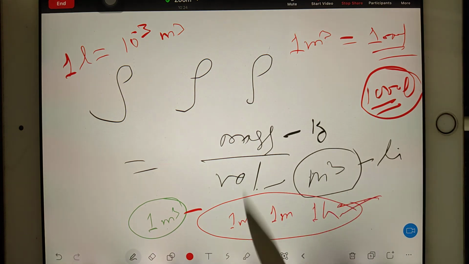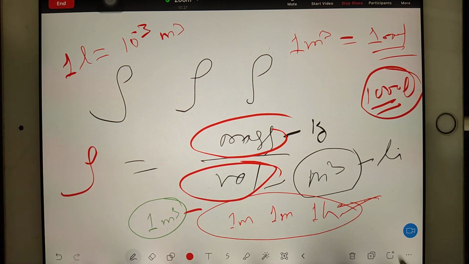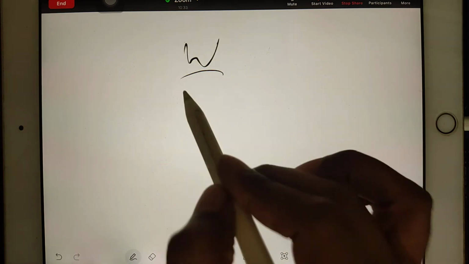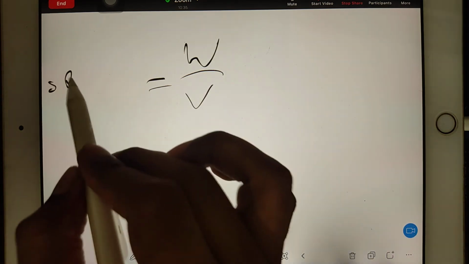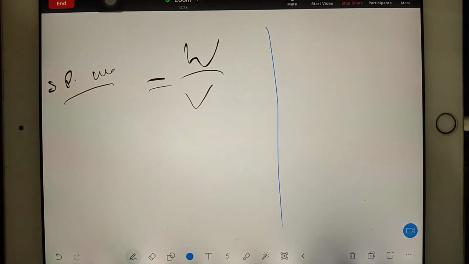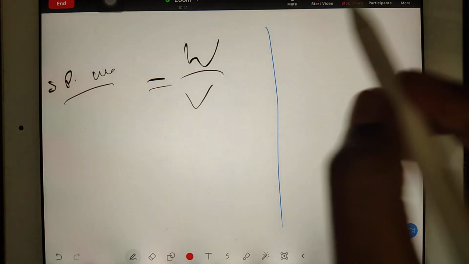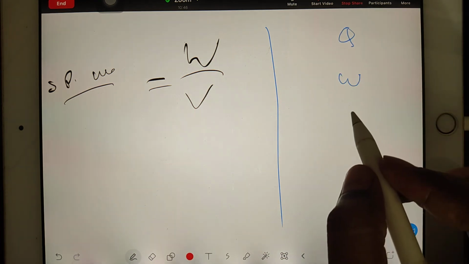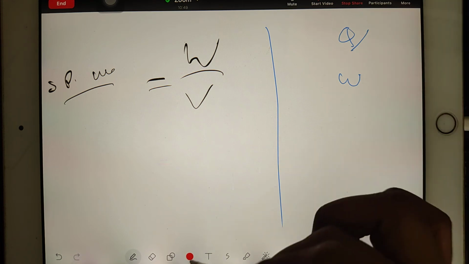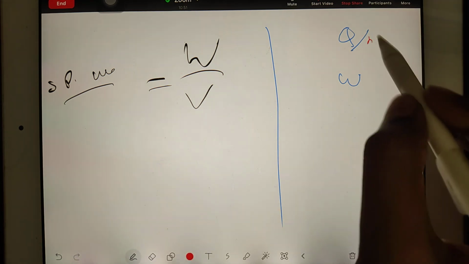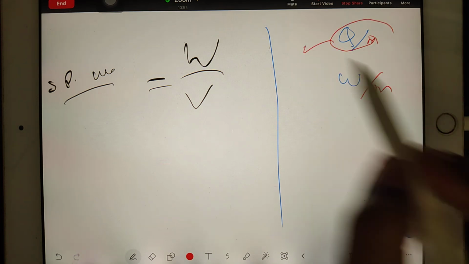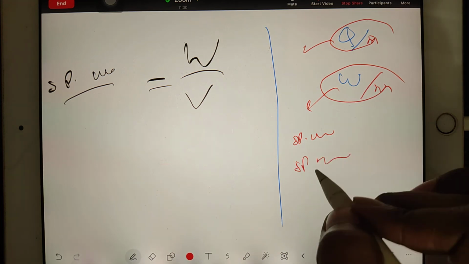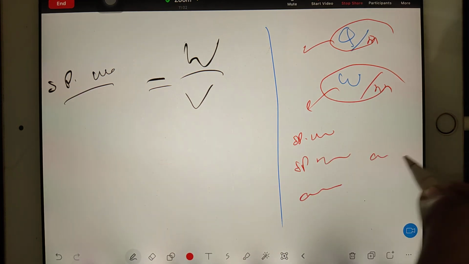Now mass divided by volume gives you density. Next topic: if you divide weight by volume, then it becomes specific weight. Now here some students may have trouble. Actually we know that whenever any quantity, suppose heat, suppose work, is divided by mass, it becomes specific: specific work, specific heat supply, specific energy, specific enthalpy.